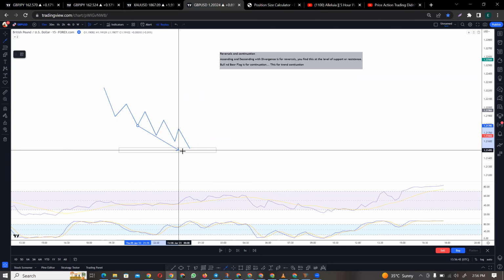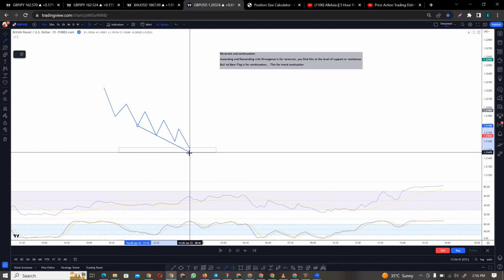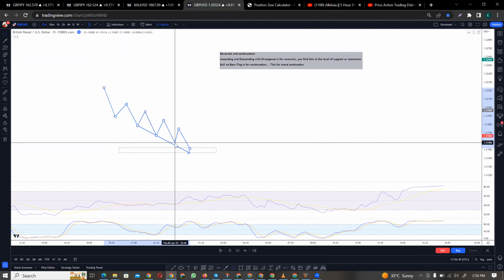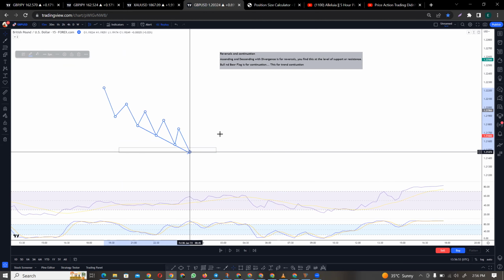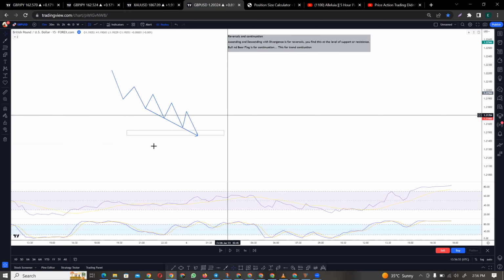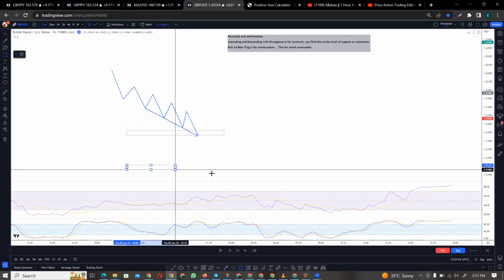Like for example, when we call it divergence, RSI is doing the opposite of this. Does this make sense? Yes. Let's say this is our RSI.